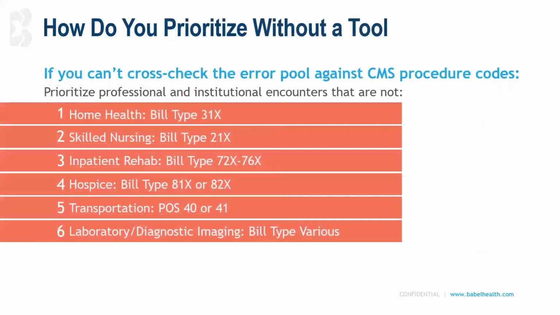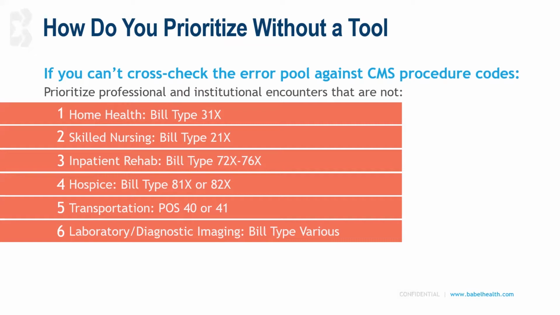If you don't have the ability to target specifically by using SQL to review, here's a rule of thumb. For cleaning up for the CMS sweeps, we know that there are definite encounters that are not included in those sweeps because they are reimbursed through a different program.